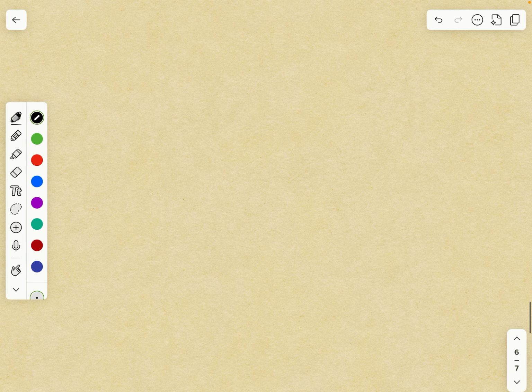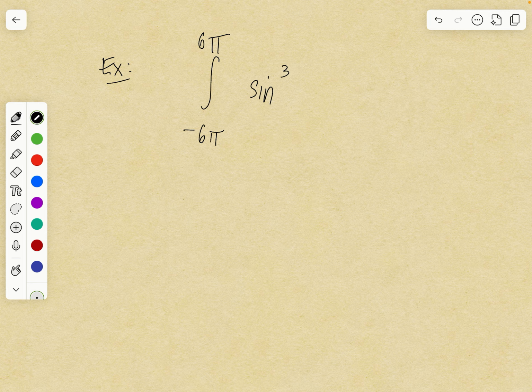So for example, let's say you wanted to evaluate the integral from negative 6 pi to 6 pi of sine cubed 4x dx. Well, if you wanted to use the fundamental theorem of calculus, hold on, let me make sure.